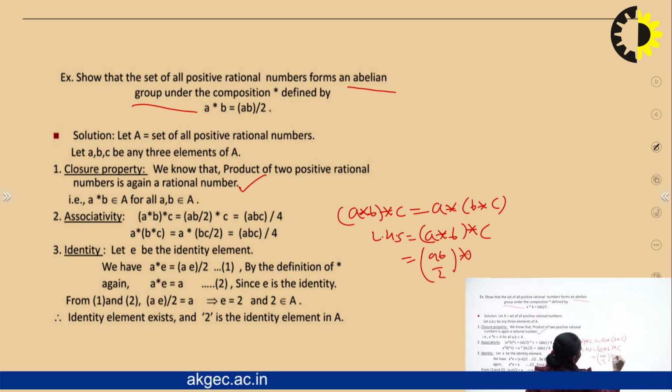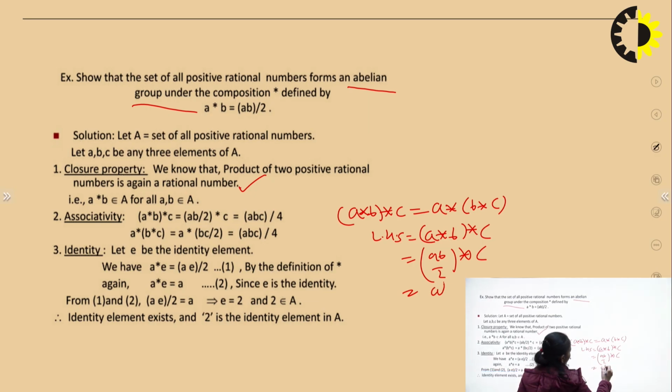This cross C, this is X, X cross C means first element into second element divided by 2. So what is the value of this? This is A, B, C divided by 4. Now in the right hand side, this is equal to A cross B cross C.